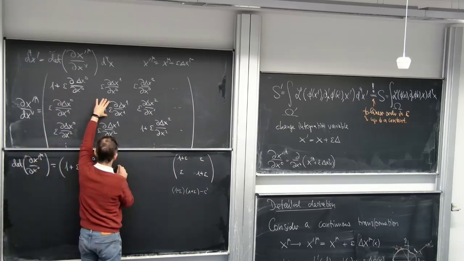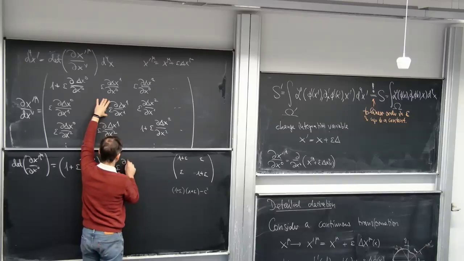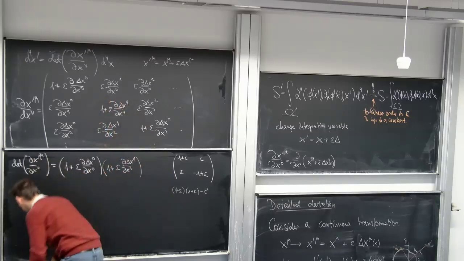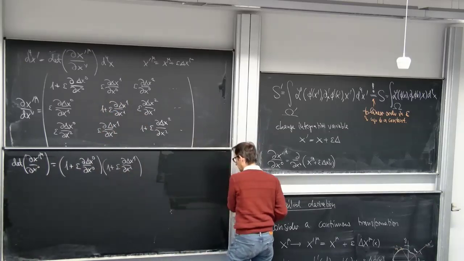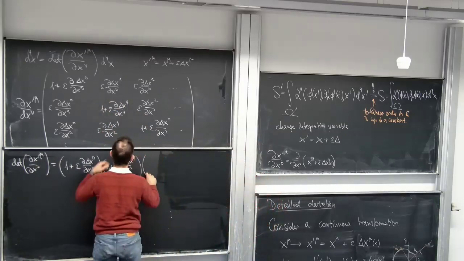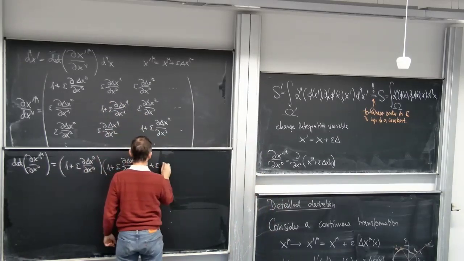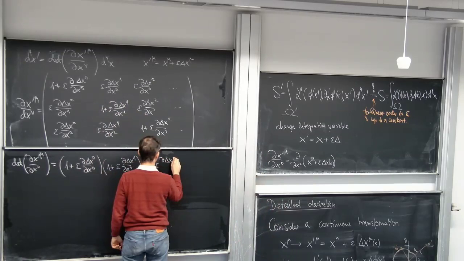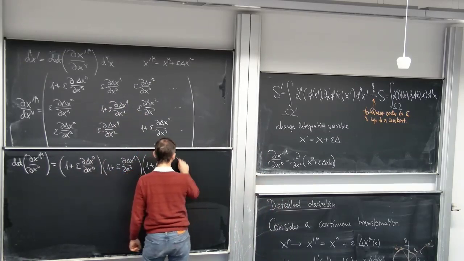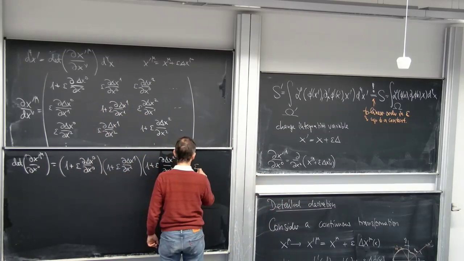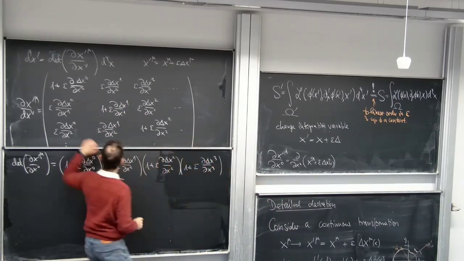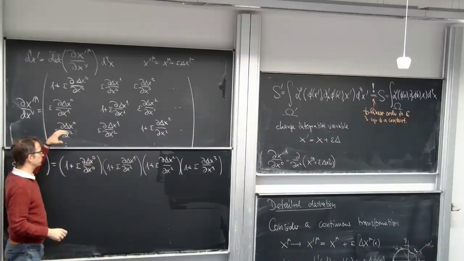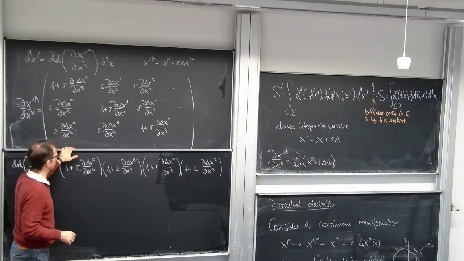So it's 1 plus epsilon d delta x1 by dx1 times 1 plus epsilon d delta x2 by dx2, and then there's 1 plus epsilon d delta x3 by dx3. So this is the diagonal.